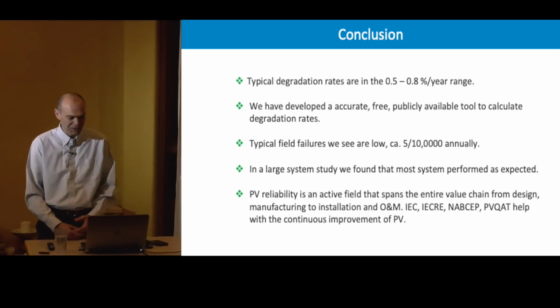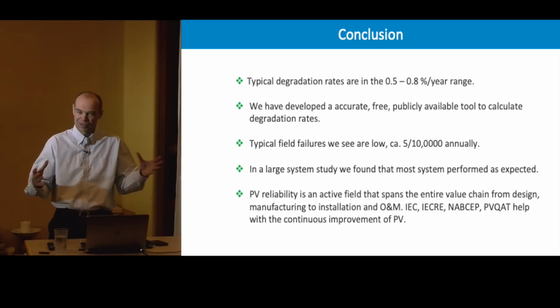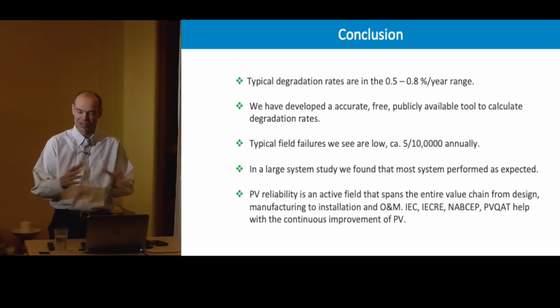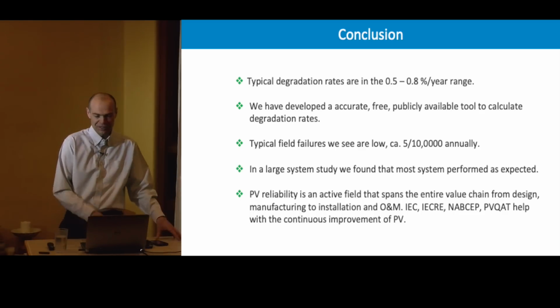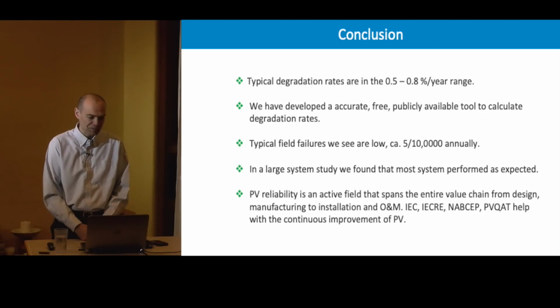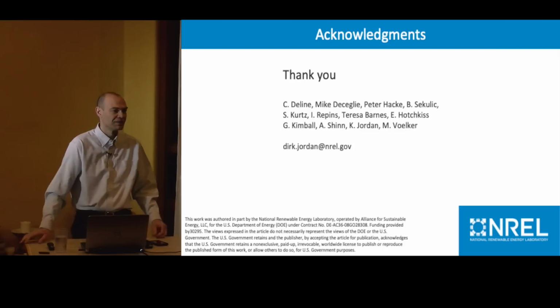In a large system study, we found most systems performed as expected. And I hope I've shown you that this whole field, the PV reliability field, is pretty active, but it stretches across the entire value chain, from the design to the manufacturing to the installation and O&M. And organizations like the IEC, IECRE, NABCEP, and PVCAT help to continuously improve this whole effort. Thank you.